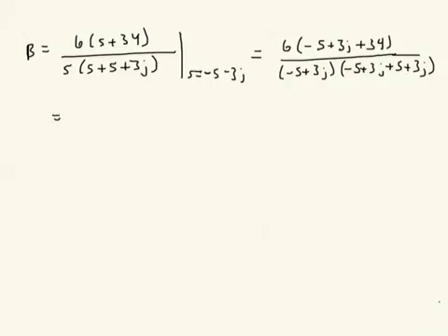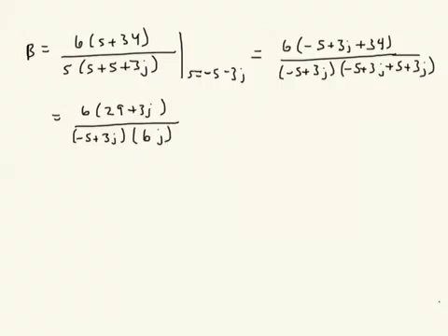And I'll be left with, on top, 6 times 29 plus 3j, reducing the formula on top. Write that j a little bit better. And on the bottom, I will have minus 5 plus 3j times 6j.